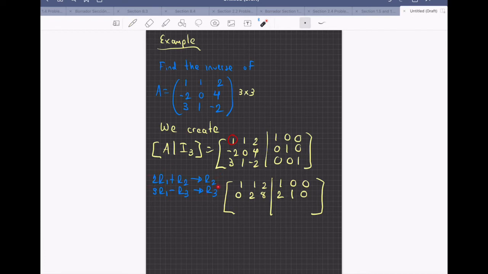Now let's do this one. 3 times row 1 minus row 3. 3 times 1 is 3 minus 3, 0. 3 times 1 is 3 minus 1 is 2. 3 times 2 is 6, minus negative 2 is 6 plus 2 is 8.